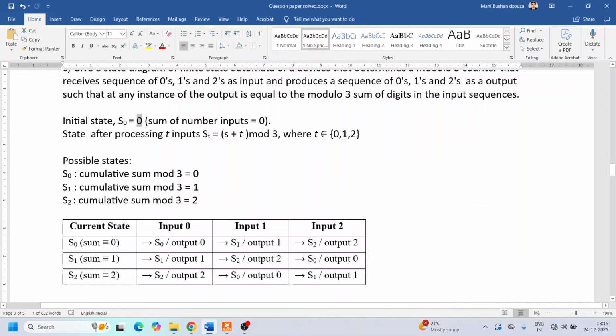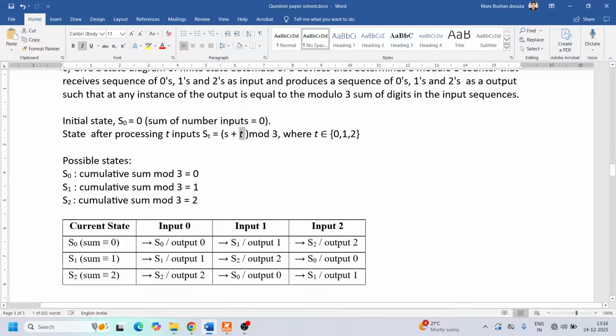So one among them, and that is what is being shown over here. 3 states are there. When you take the mod 3 of the sum of the inputs, either the state is 0, or you are in the output state 1, that is S1, or you are in the state S2. Okay, so what is the input that you are going to give? 3 inputs you are going to give. So what are the 3 inputs?